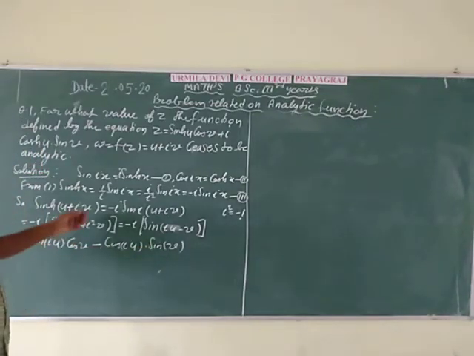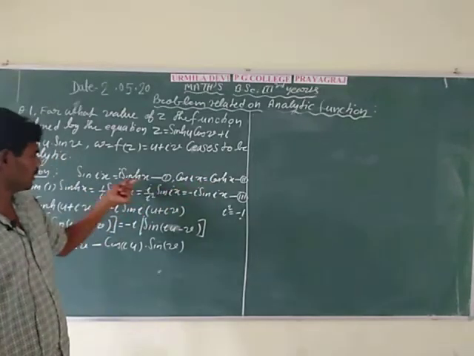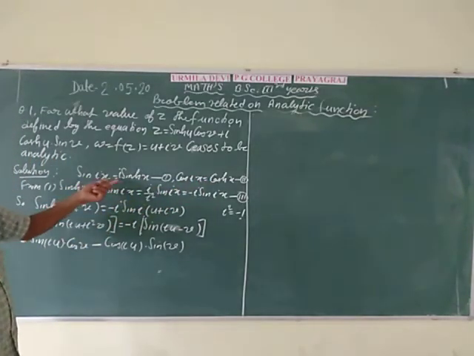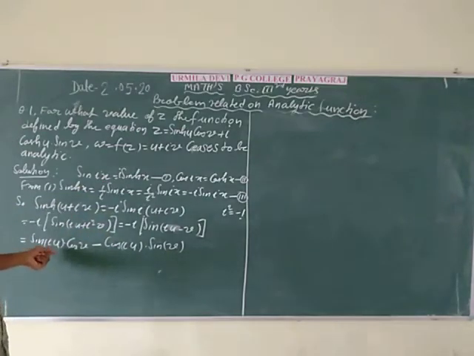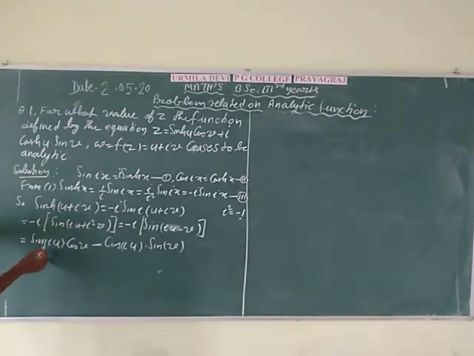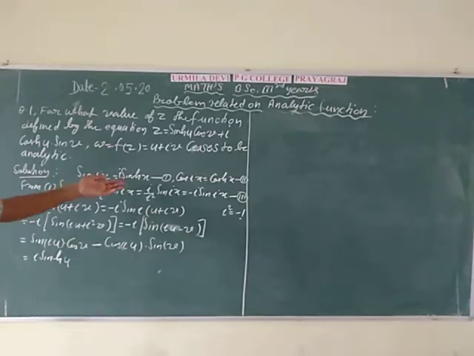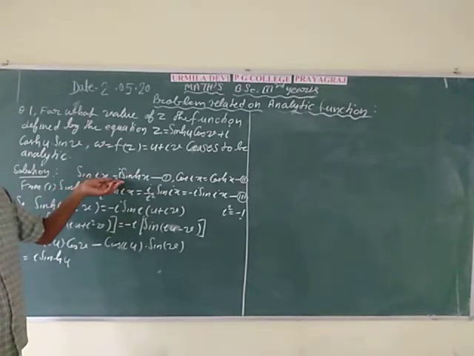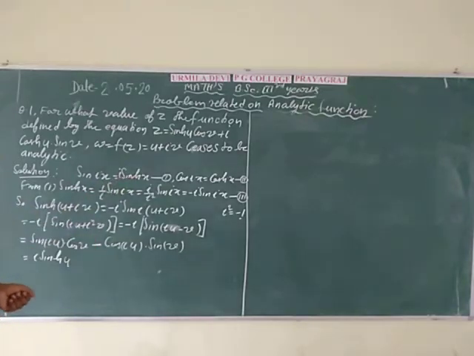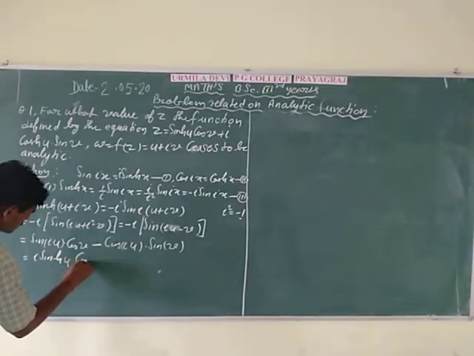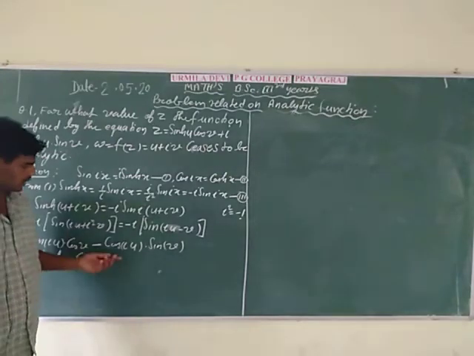After this, use the first and second formulae. In the first formula, sin ix = i sinh x. Here x is replaced by u, therefore sin iu = i sinh u, so i sinh u into cos v, minus cos iu.